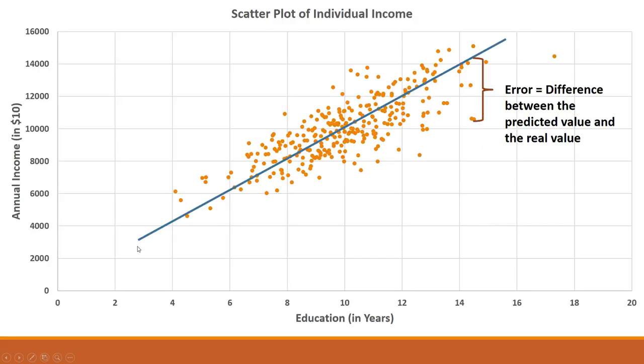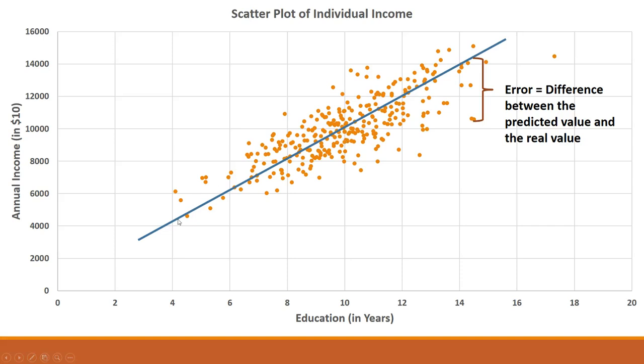We've just talked you through this. Let's look at it again. The error is the difference between what I'm calling the predicted value and the real value. The predicted value is the value that the model says should be the case, and the real value is the value that the data actually takes.